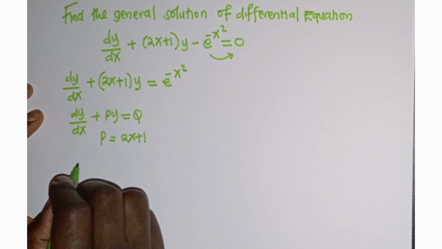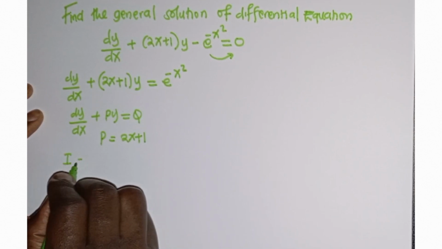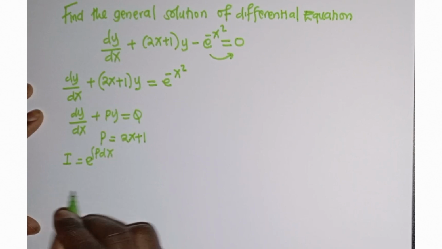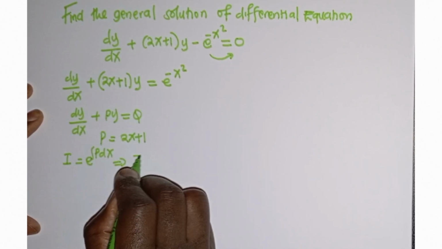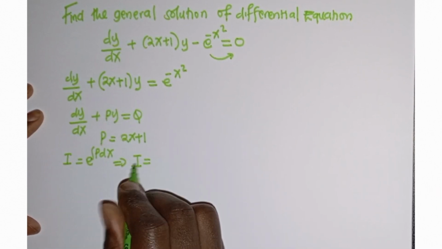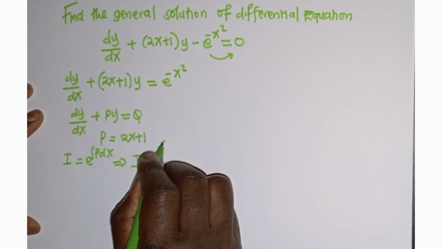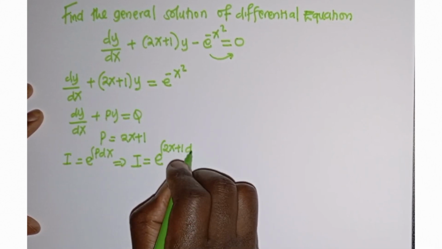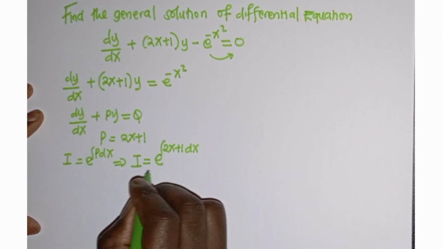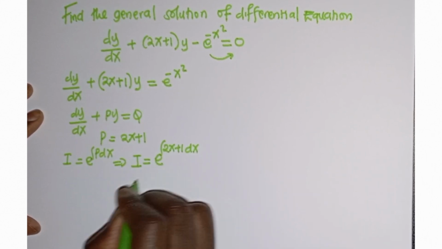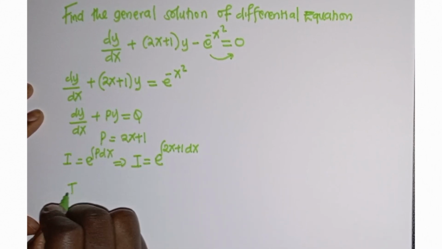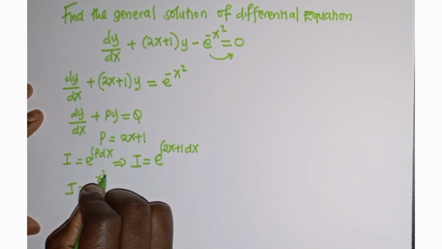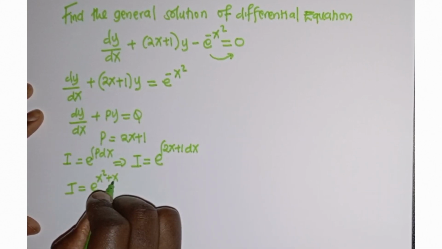Our integrating factor is e^(∫P dx), which is e^(∫(2x + 1) dx). When you integrate this, our integrating factor will end up being e^(x² + x).